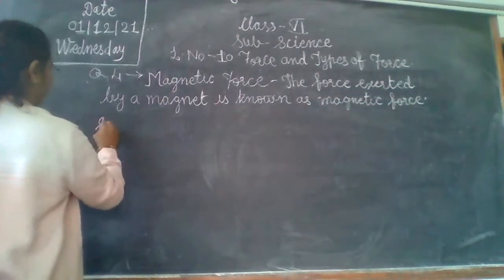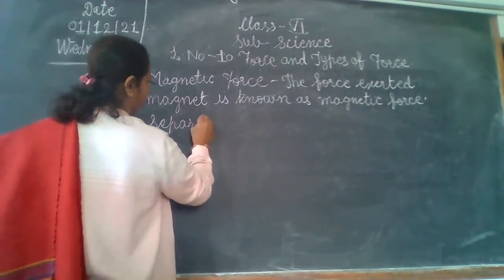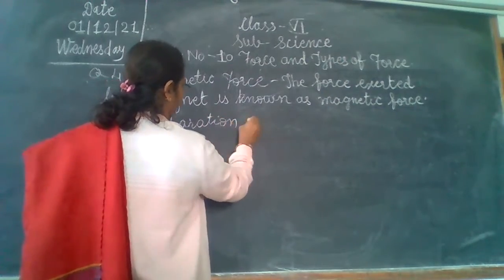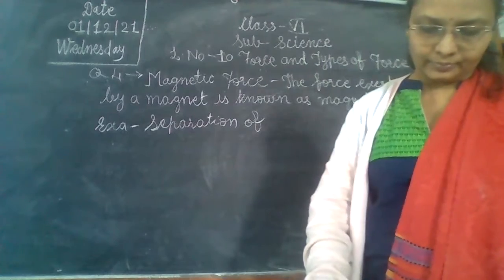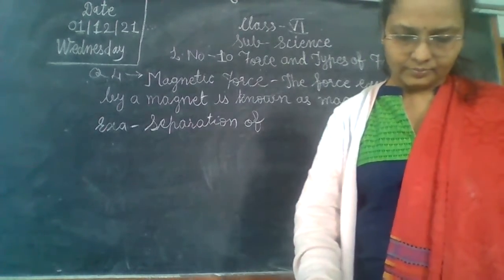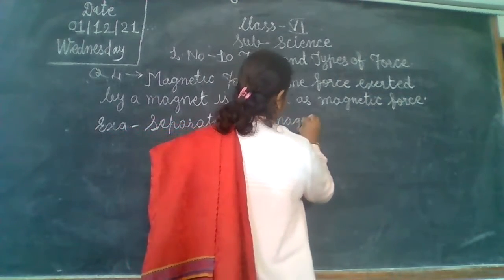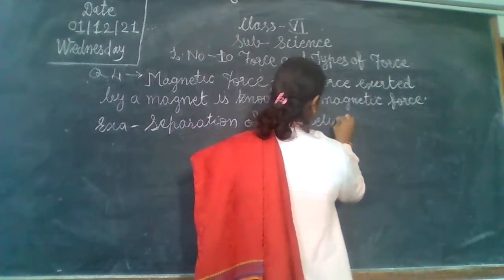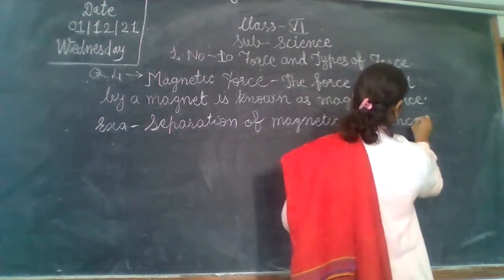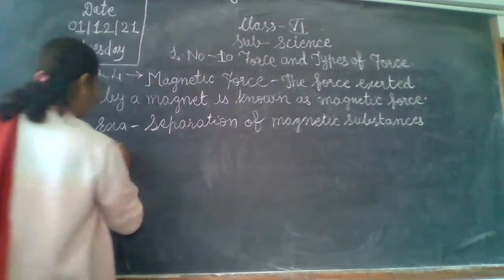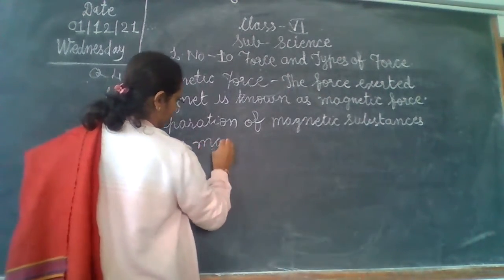Example: separation of magnetic substances and non-magnetic substances.